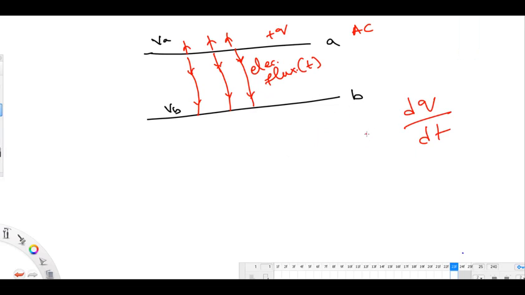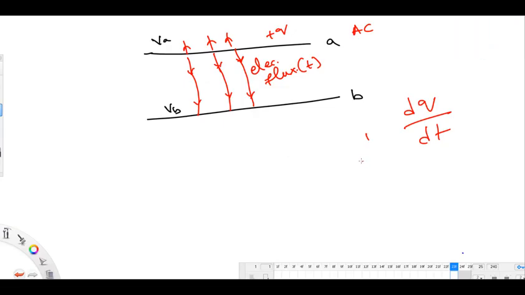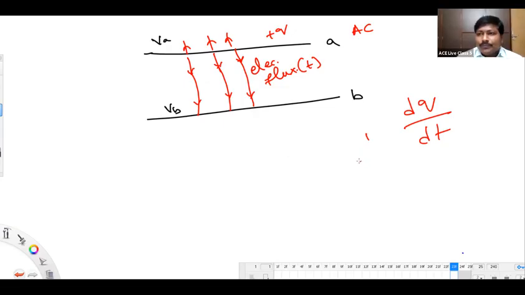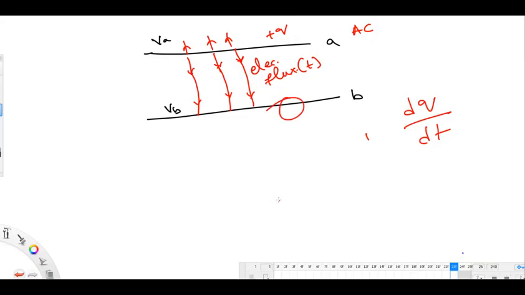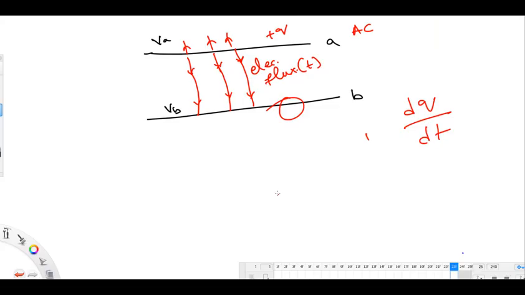Conductor B. Because of what? Because of conductor A's electric flux, there is a current induced in conductor B. That we should show in our circuit, right? Sir, that's the charging current. Okay, okay, sir.